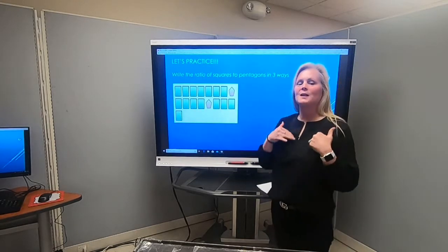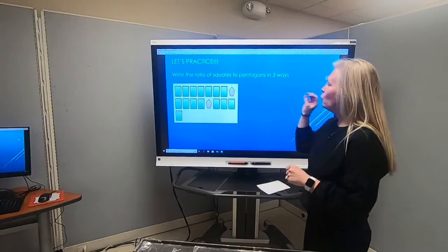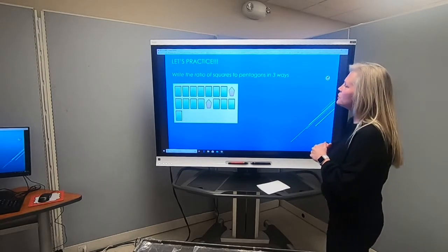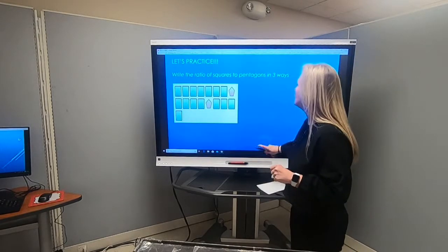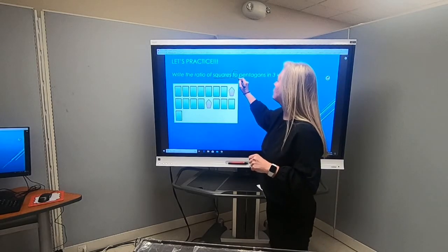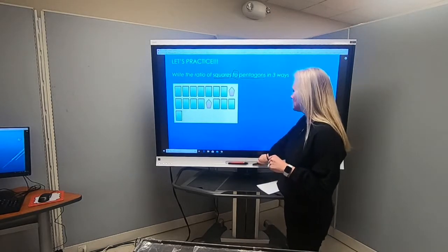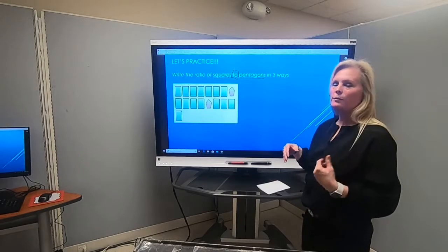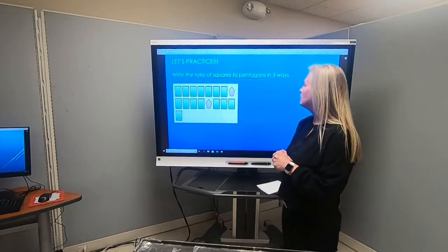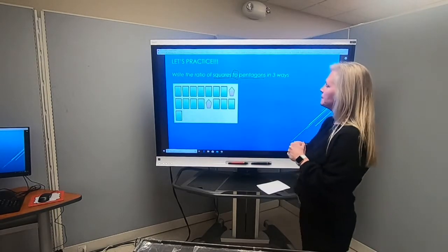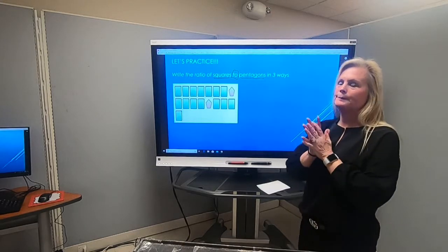Okay, now let's do some practice together. Those were some examples, and let's do some together. So we are going to write the ratio of squares to pentagons in 3 ways. So squares to pentagons. Okay, so I'd like you to go ahead and count how many squares we have, and then how many pentagons. I'll give you a second.